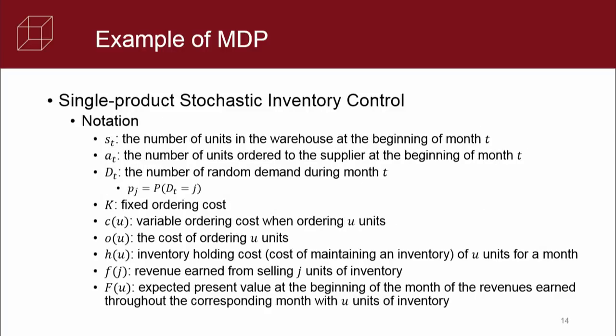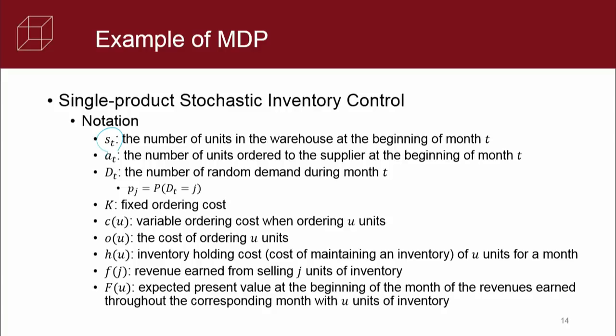So we have several notations used in this example. S_t is the number of units in the warehouse at the beginning of month t. So it can be the state of this problem, right? The manager takes a look at how many units are remaining. That is the status of the environment, and it can be considered as the state.